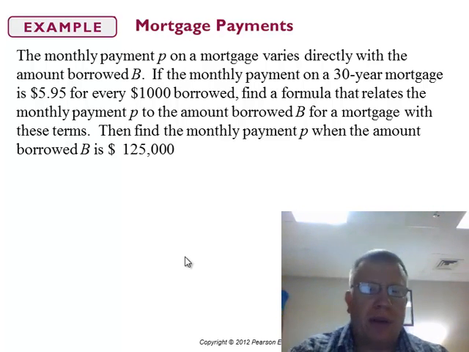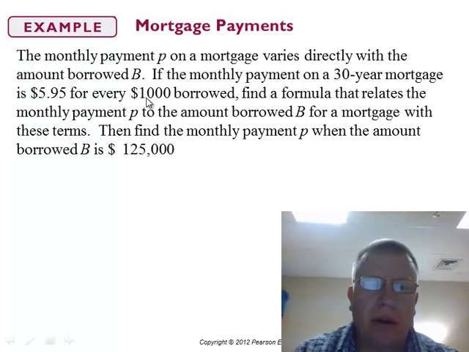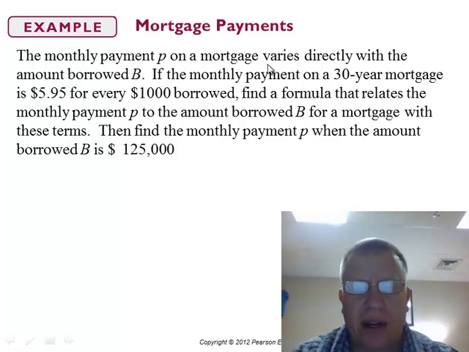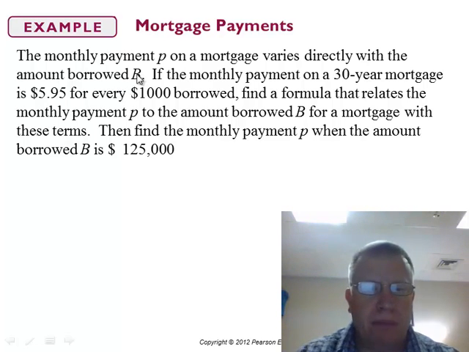So we're going to make a monthly payment, and the payment amount, P, as in P dollars, on this mortgage varies directly with the amount borrowed, B. So you borrow, say, so many thousands of dollars, B, and you can very easily figure out what your monthly payment is because there's a direct relationship.